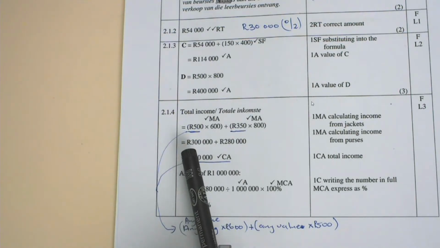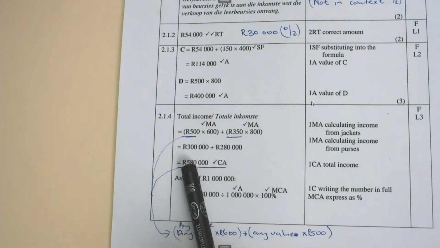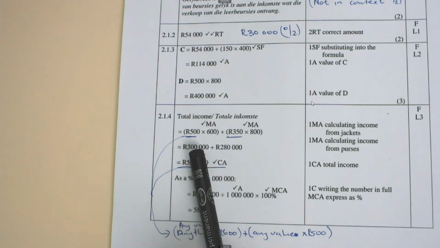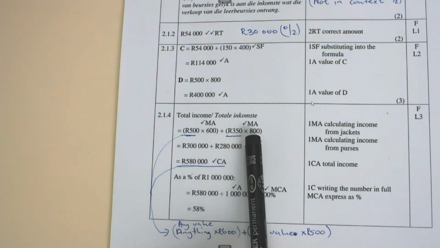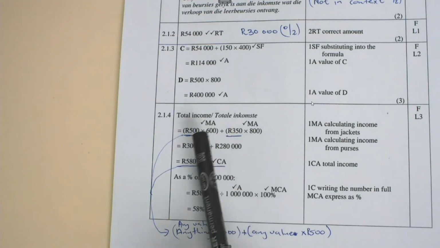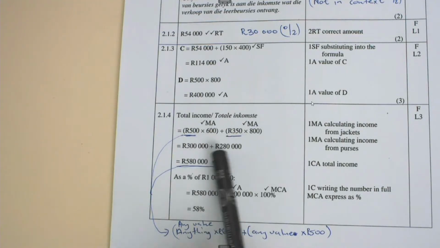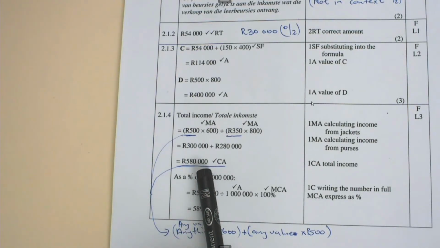When you multiply 500 by 600, you get 300,000. Plus, when you multiply 350 by 800, you get 280,000. Then when you add those two numbers, you get 580,000.